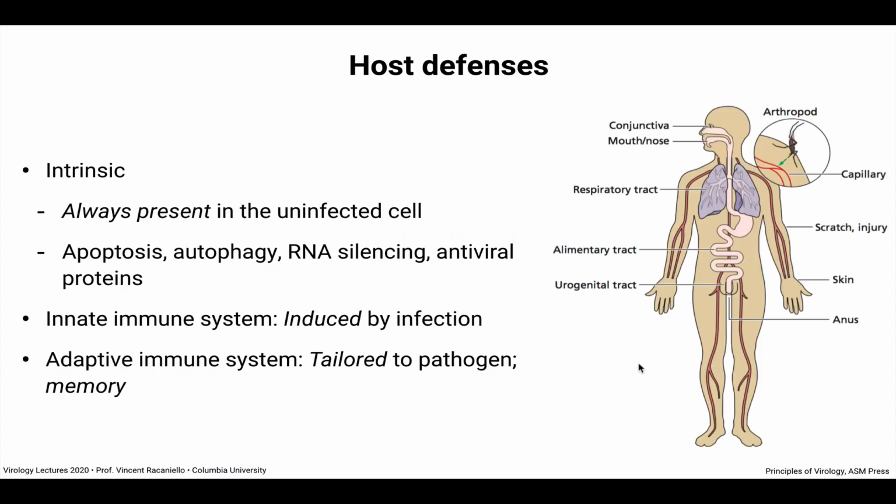Just to remind you, we've talked so far about two kinds of host defenses: the intrinsic defenses that are always present in the uninfected cell, and they comprise apoptosis, autophagy, RNA silencing, antiviral proteins, and the innate immune system, which is induced by infection. Today we're going to talk about the adaptive immune system, which I mentioned before is tailored to the specific pathogen and which also is characterized by memory.